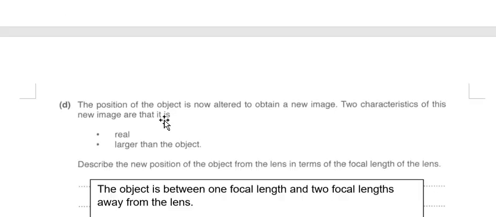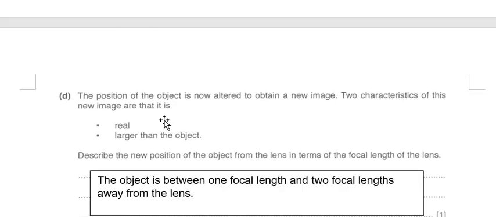Moving on. If I move the object to obtain a new image and it is real and larger than the object, again, if you are able to sketch the ray diagrams of everything on page 242 by yourself, you'll be able to tell what the conditions are to produce a real image larger than the object. The only cases when the image is larger than the object are after the 2f case.